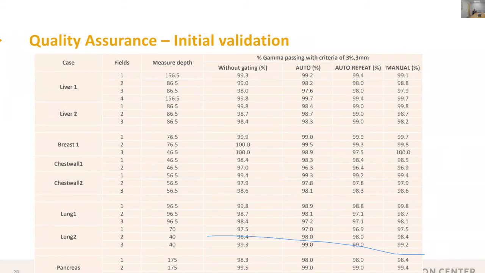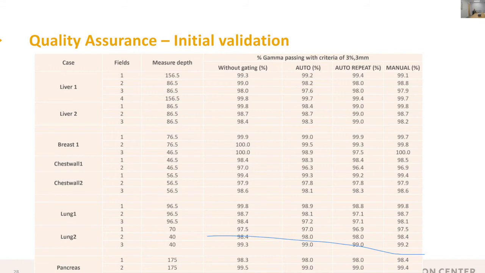And we also did another measurement with manual mode. That means we manually paused the beam and then dropped off and did another measurement. So here it shows you the results are very consistent compared with without gating. Also, most of the manual mode measurements have a slightly higher passing rate than the auto gating.